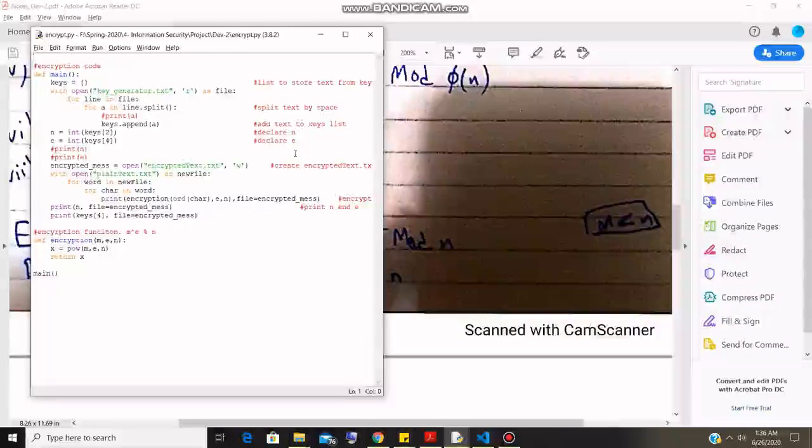So we have used the same formula here by using both values that we have already calculated, n and e, to perform the encryption.